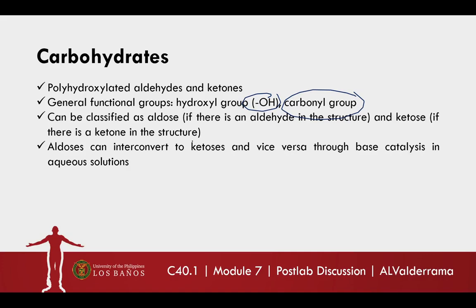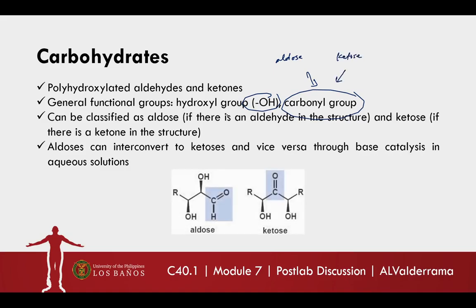So this can be classified as aldose kung yung carbonyl group na naka-present dito is an aldehyde, or it can be a ketose kung ketone naman yung carbonyl group na naka-attach sa ating carbohydrate. So ito yung sinasabi natin na polyhydroxylated aldehyde or ketone.